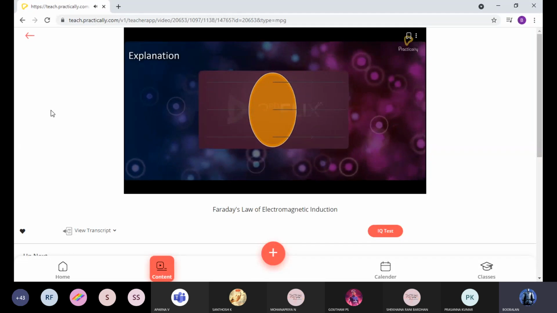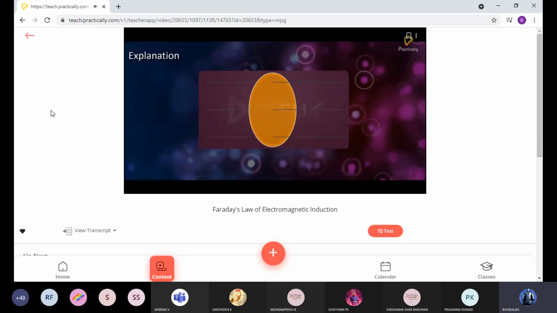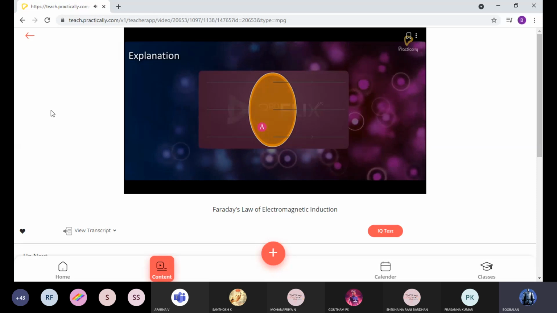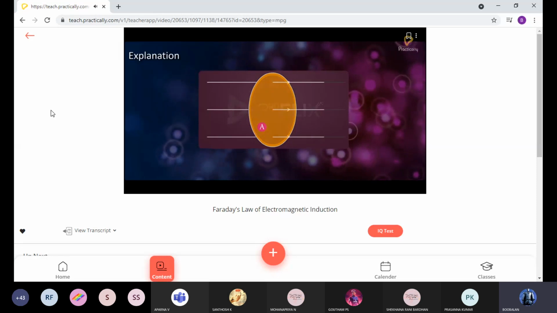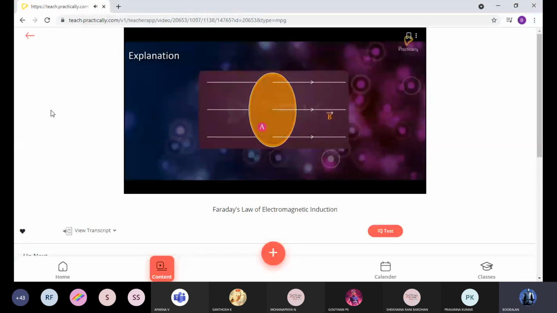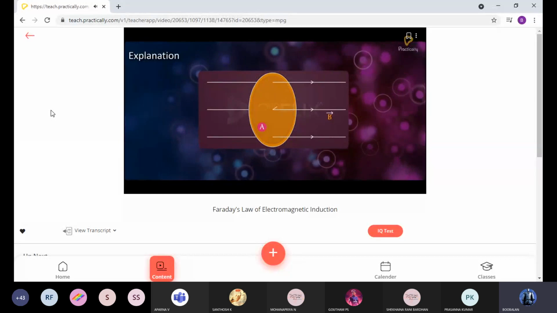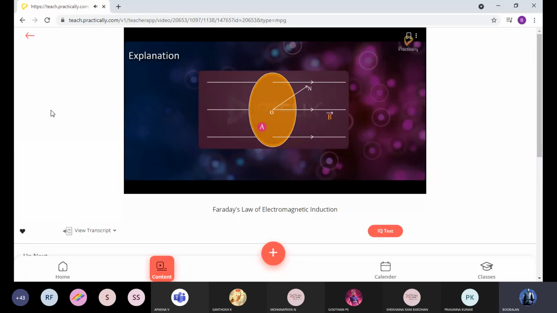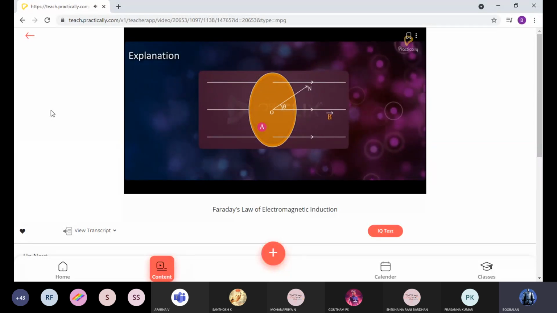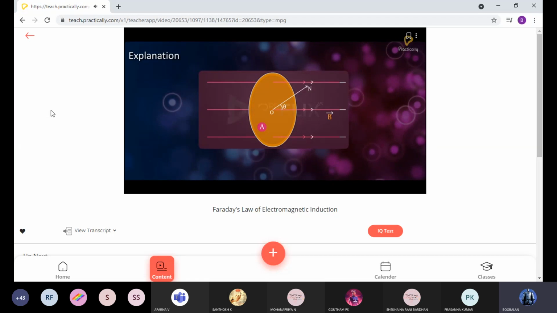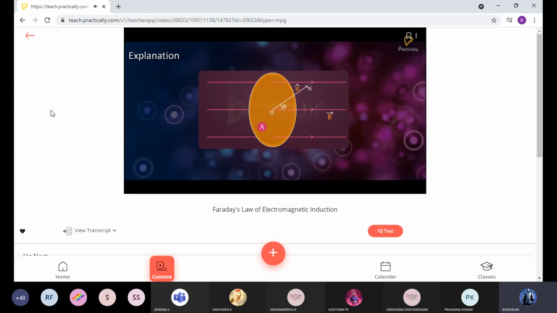Explanation: a coil of area A is kept in the magnetic field B vector in such a way that the normal makes an angle theta with the magnetic field B vector, and n cap is the unit vector perpendicular to the plane of the coil.